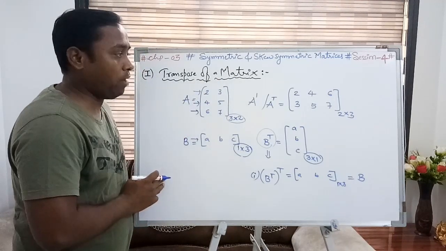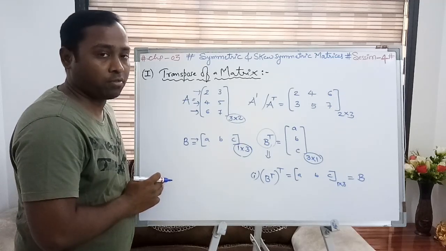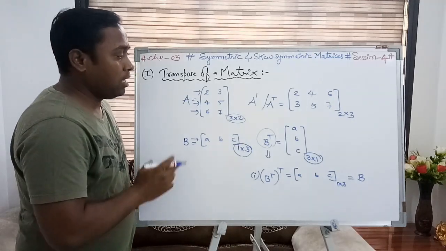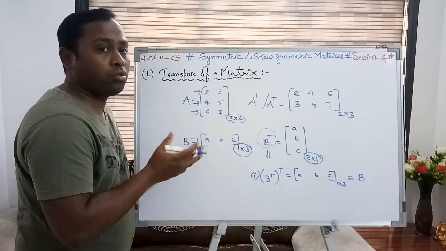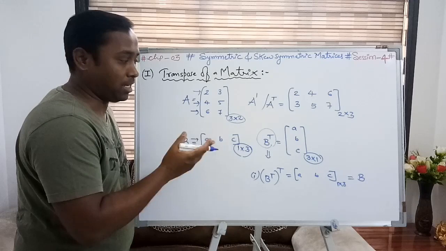So I hope you have understood the definition of transpose of a matrix. I repeat here: transpose means simply interchanging the rows and columns of a given matrix.